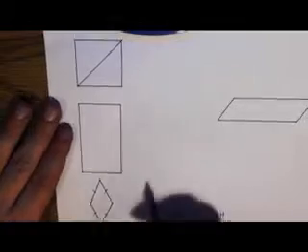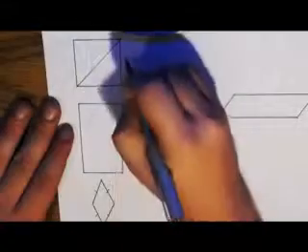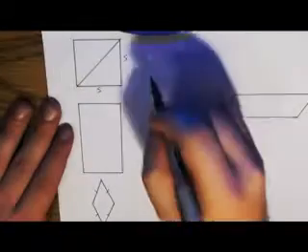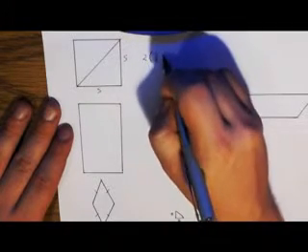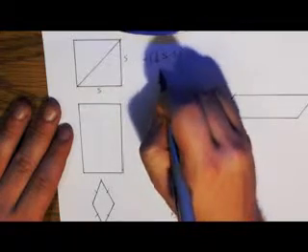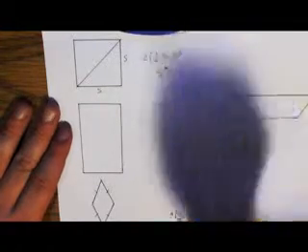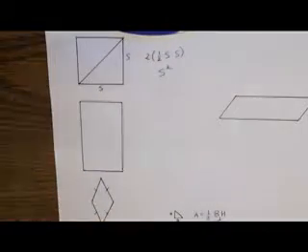For the square, the side length S is both the base and the height. So we have two triangles, both of which have an area 1/2 the base times the height, or in other words, S squared, the side length squared. So clearly for a square it's very easy.